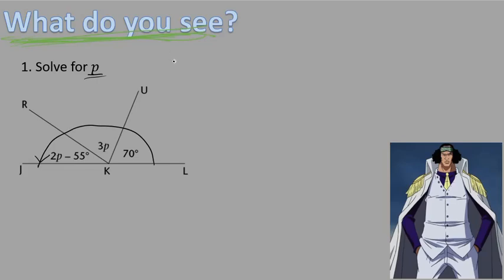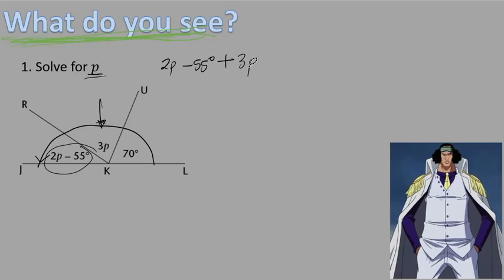Do you know the reason why? If you haven't paused the video to solve the question on your own, please make sure you pause the video now and try to solve this question on your own. So now I have 2P minus 55 degrees. That's the angle here. I'm going to add it with the angle here. What is that angle? 3P.